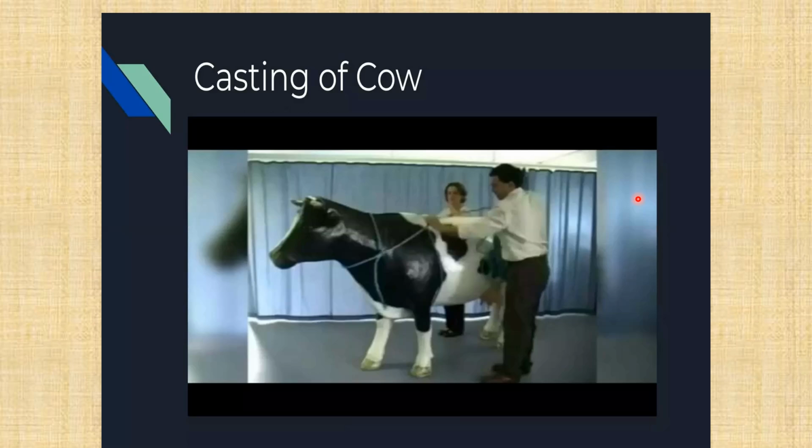Then we need to cast the cow several times to become a doctor who is examining the animal. Sometimes you may need to go very near to the animal, catch hold of the animal, and put the vein to the jugular furrow, because we know that there are a lot of restraining techniques.